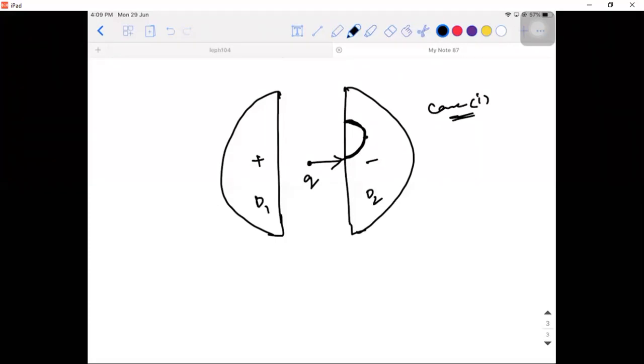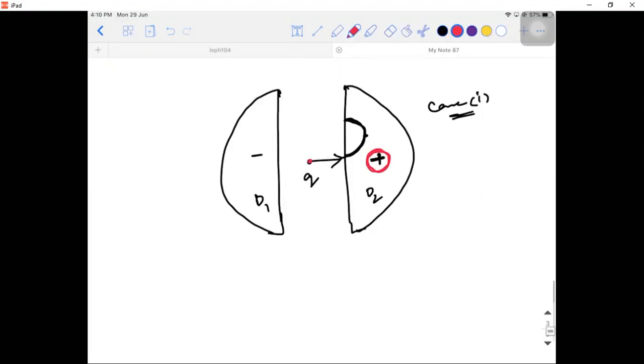Now once I reverse the polarity, what will happen? Have this in your mind. The attraction will take place. So when I reverse the polarity, what will this positive charge try to do to the particle? Repulsion. It will try to push it away.